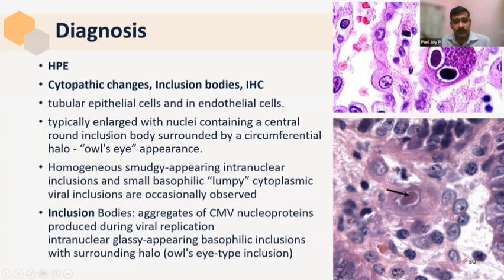The typical appearance is an enlarged nucleus with a central round inclusion body surrounded by a circumferential halo, or the owl-eye appearance. Homogeneous, smudgy appearing intranuclear inclusions and small basophilic lumpy cytoplasmic viral inclusions are also observed. The inclusion bodies are basically aggregates of CMV nucleoproteins produced during viral replication.